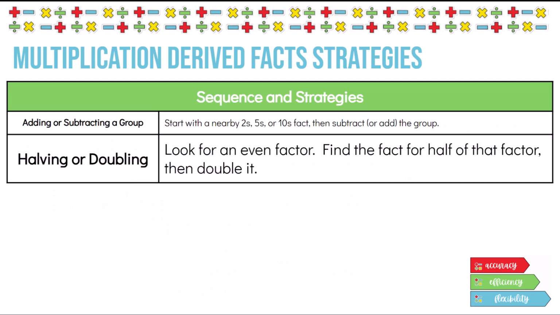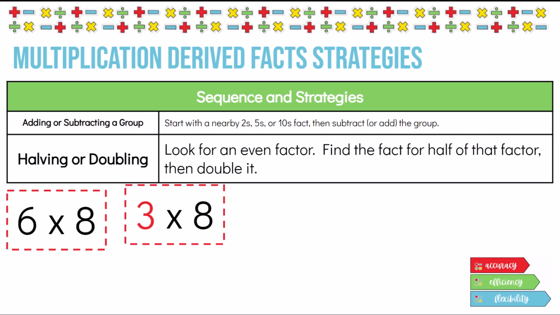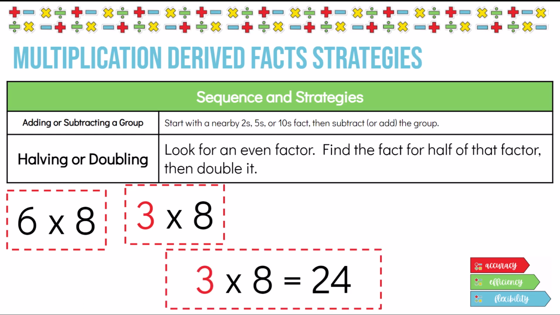Facts that include even factors, such as 4s, 6s, and 8s, can be found through the halving and then doubling strategy. This has been shown to be a powerful strategy. For example, I might not know 6 times 8, but I do know that I could half the 6 to make it 3 times 8, and I do know that 3 times 8 is 24.